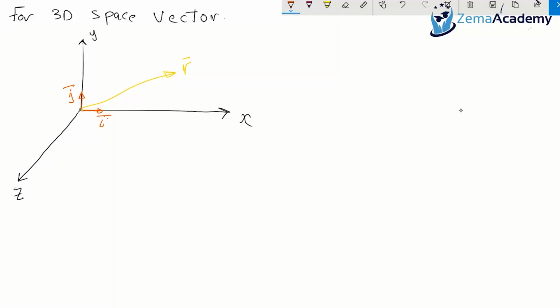And you have a unit vector in z axis, we call it k. Correct? Where the length of unit vector i equals the length of unit vector j equals the length of unit vector k, which is equal to 1. And the directions are identified as x, y, z respectively.